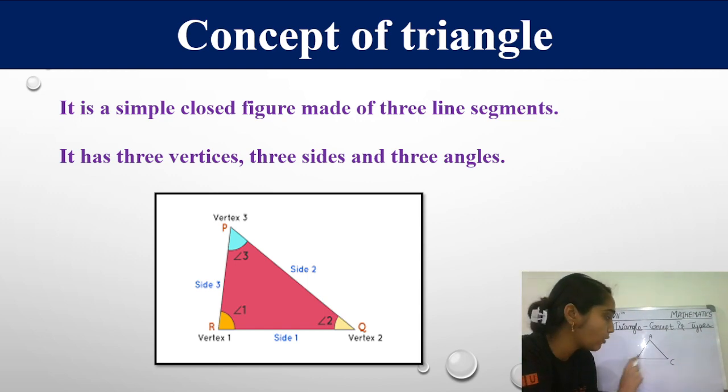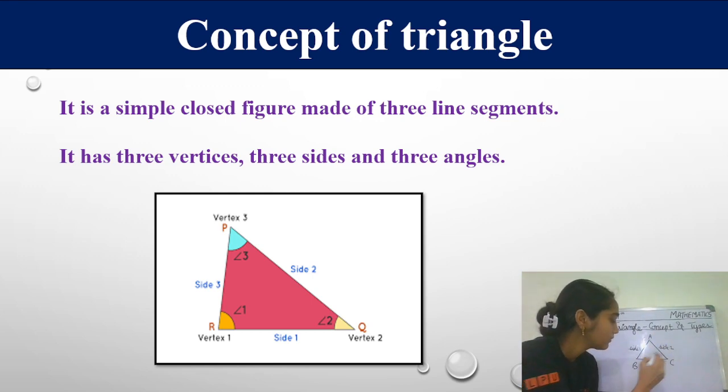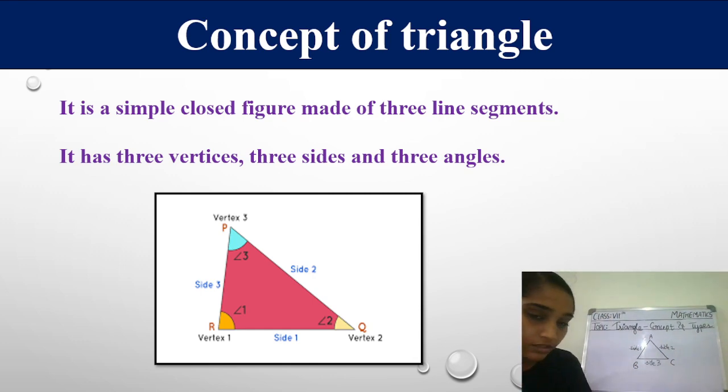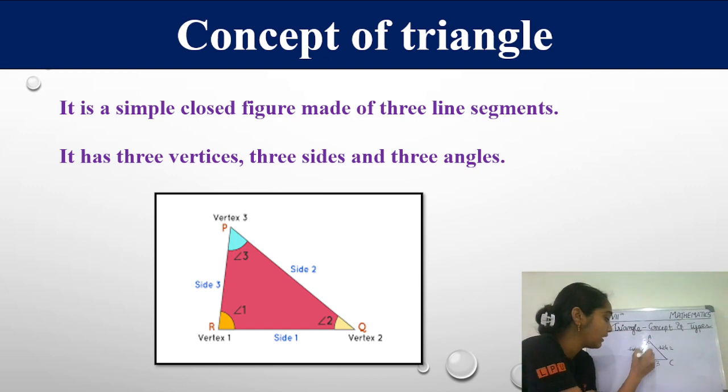It is closed from all sides. It has three vertices and three sides: side 1, side 2, and side 3. So this is what we mean by the triangle. You can also see three angles: angle A, angle B, angle C.